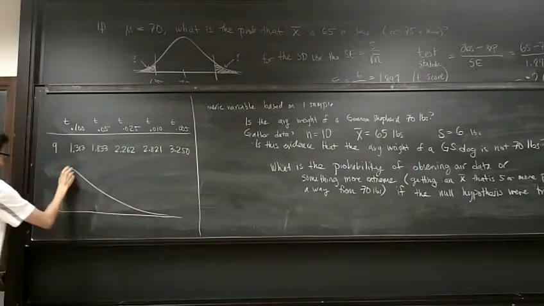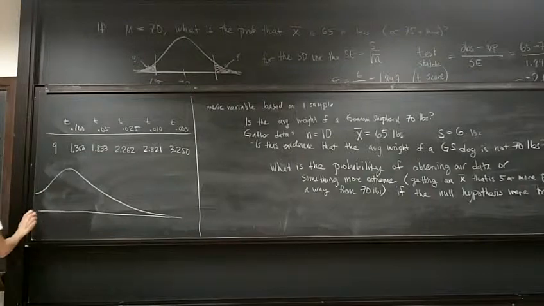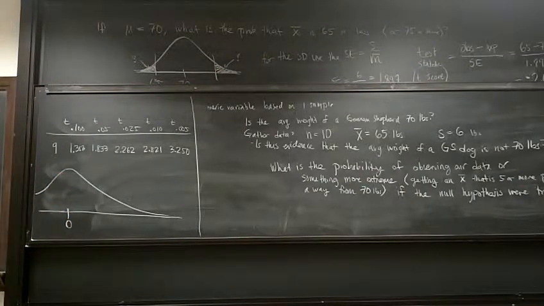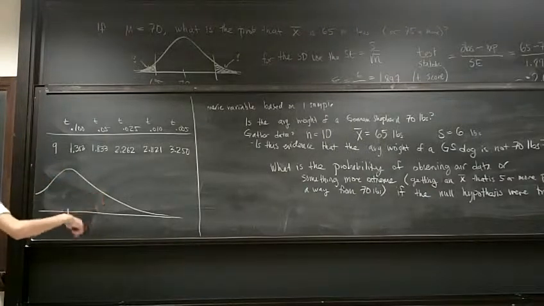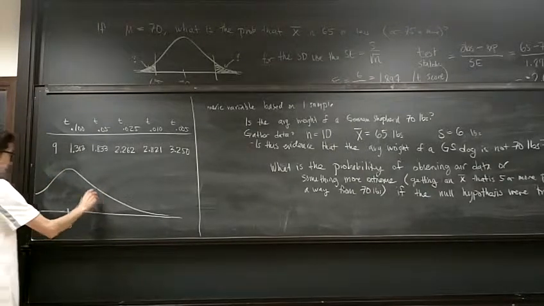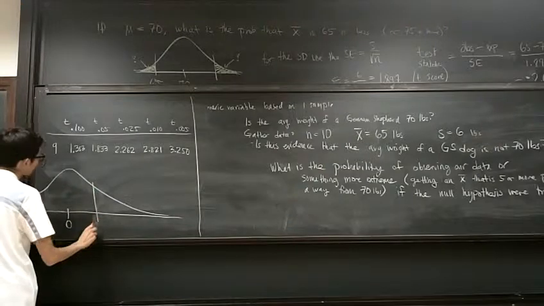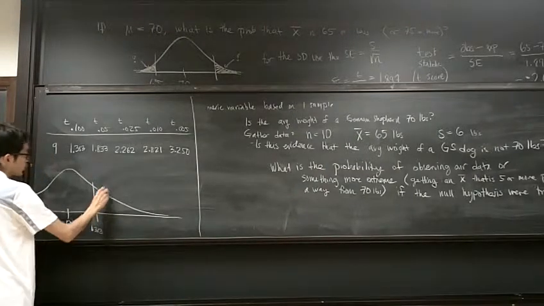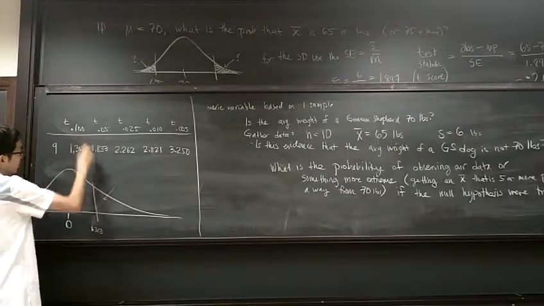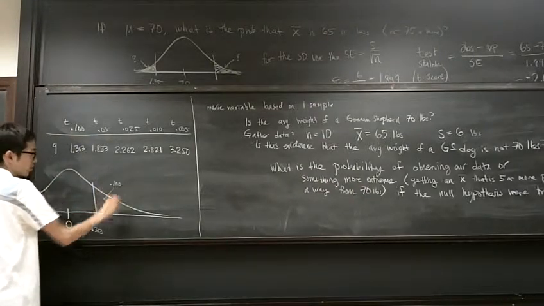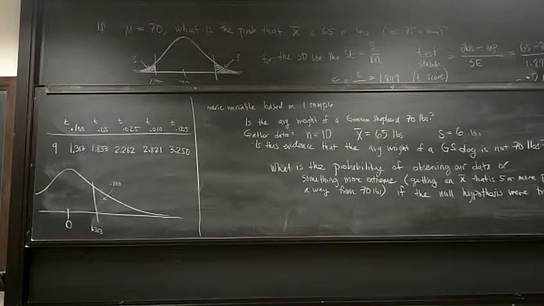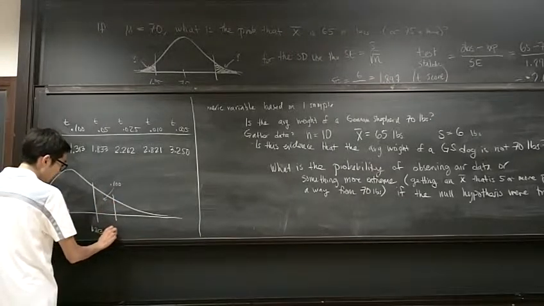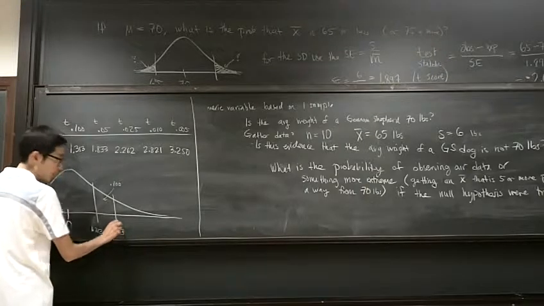This is what the t-distribution looks like. It says if my t-score is 0 and I shade everything to the right, I would have 50%. It says if I draw a line at 1.383, the amount that I would have in the tail is 0.1000. Does that make sense? And if I drew a line at 1.833, how much would I have in the tail?